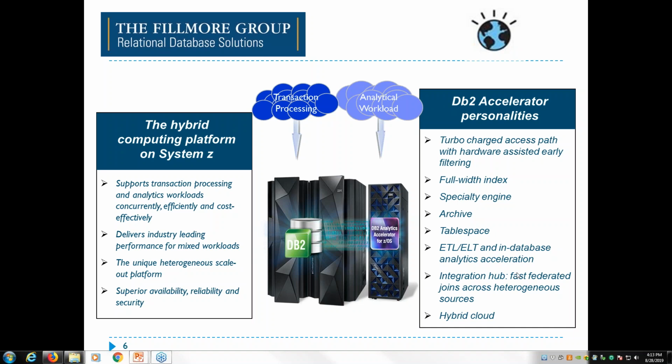I can also do fast federated joins across heterogeneous sources, so I can actually get access to data that's not currently available on the IDAA. And a way of looking at this is in terms of hybrid cloud.